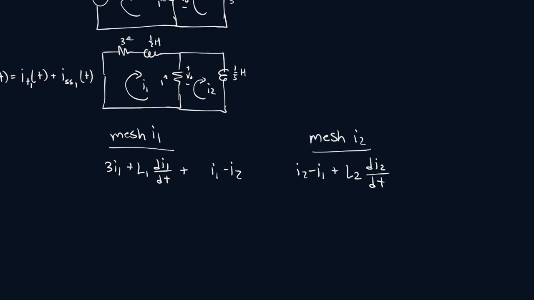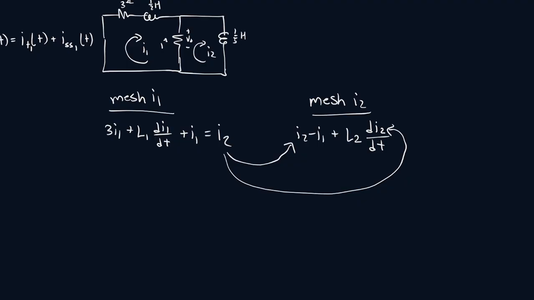Okay, so now what we're going to do is isolate for this I2. So this is going to be all equal to I2, and we're going to plug that into here and into here. So it'll be 3I1 plus L1 di1 over dt plus I1 minus I1 plus L2 times the derivative of all of this.